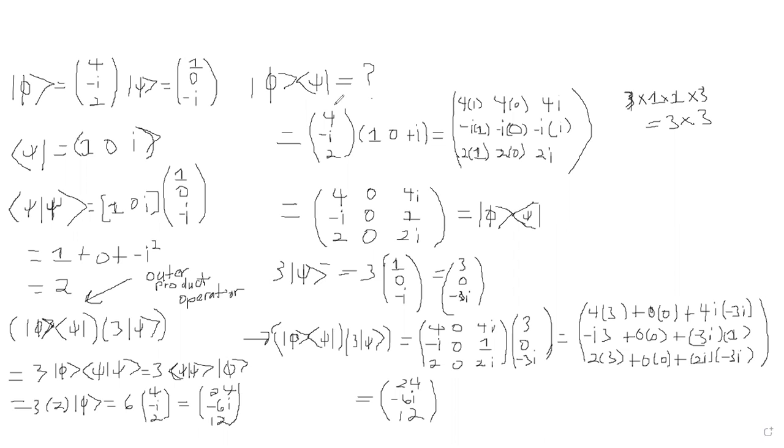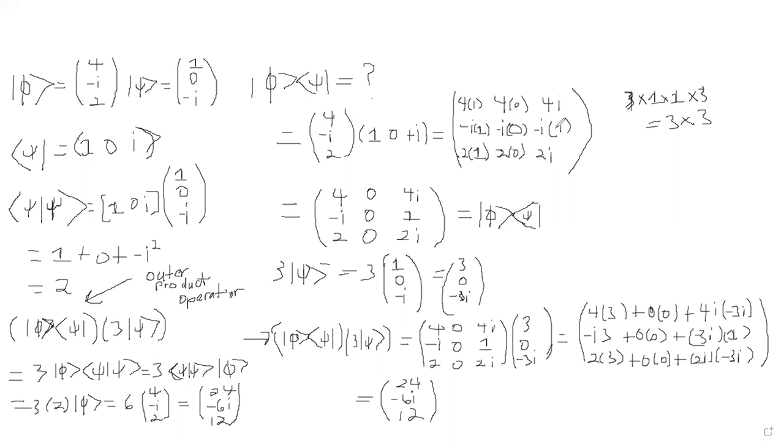So when I do my matrix multiplication, you multiply this column vector with this row vector. You can see that I multiply each element: 4 times 1, that's the first element. 4 times 0, that's the first row, second column. 4 times i, first row, third column.